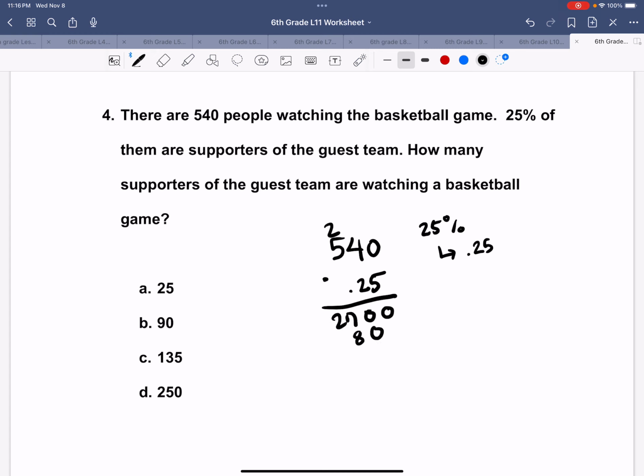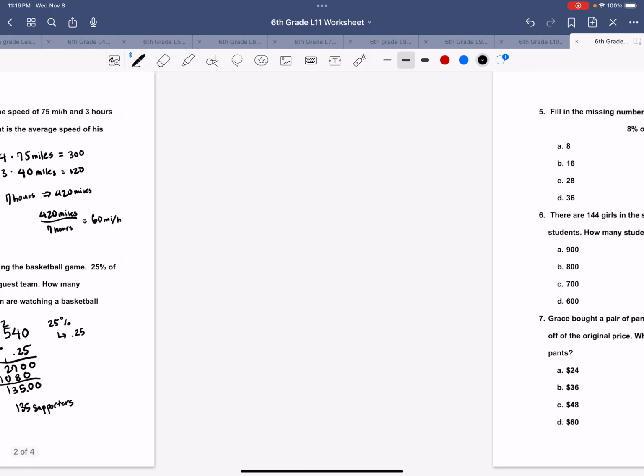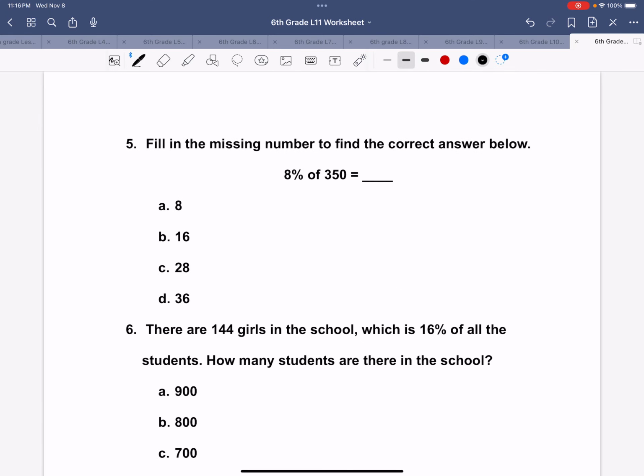And we'll just multiply things out. Alright, so after we've done that, we just add everything up. And we'll put a dot right here. And we get 135 supporters, which is C.